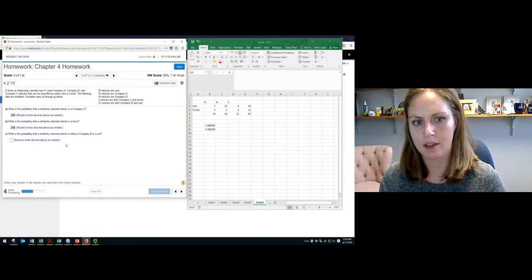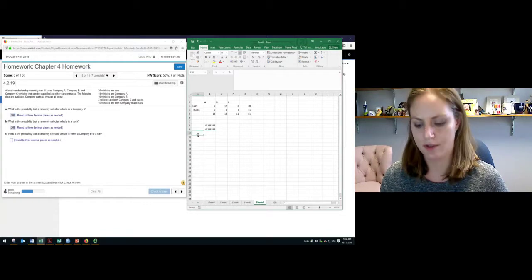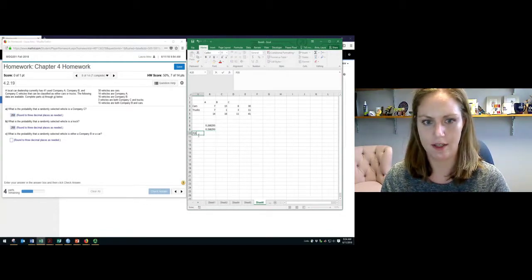And what's the probability that a randomly selected vehicle is either company B or a car? So remember, this is similar to saying probability that it is B or car.